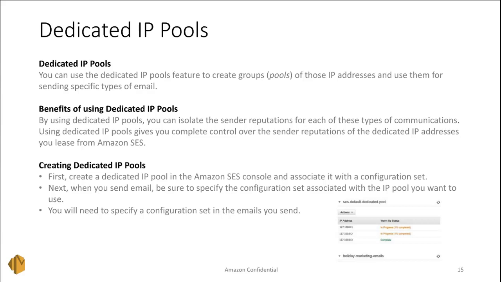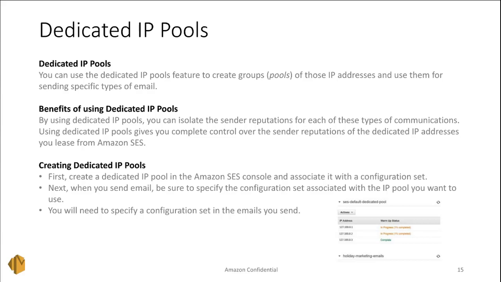If you're sending multiple types of emails, then the IP reputation of your leased IPs will be solely dependent on the sum of all those emails. Sometimes you might want to prioritize some of the emails. For example, you are sending transactional emails and marketing emails.